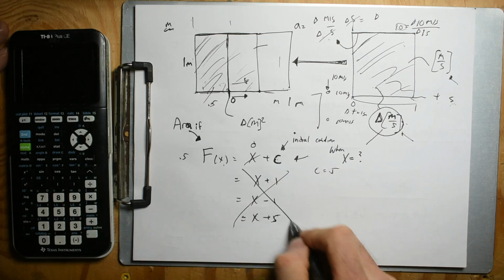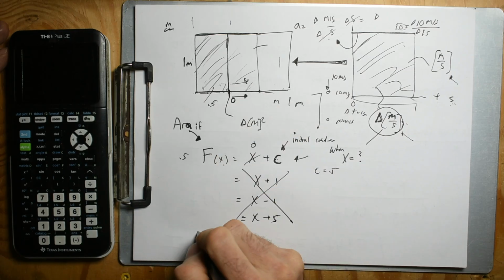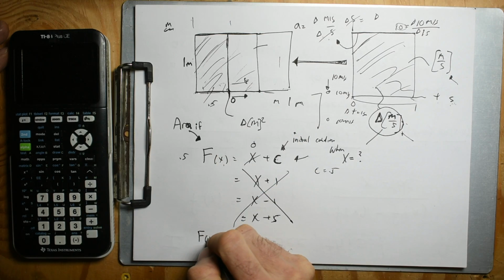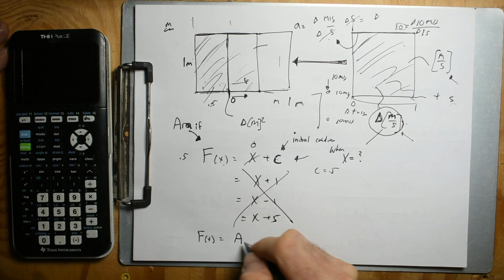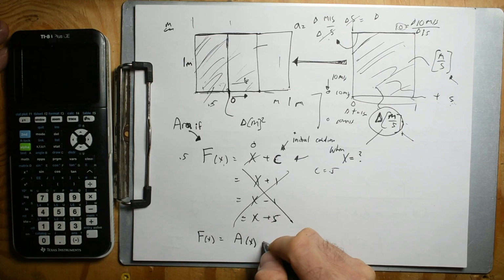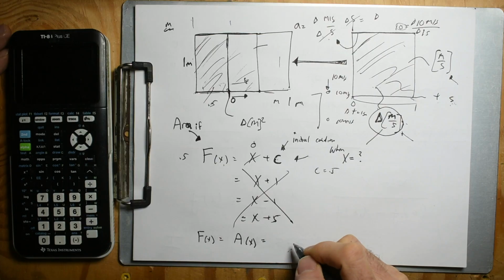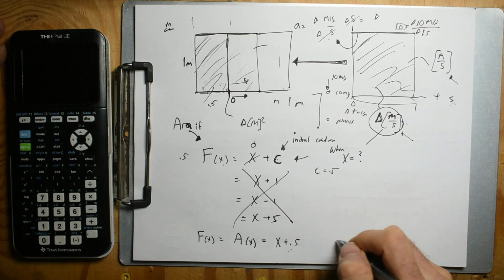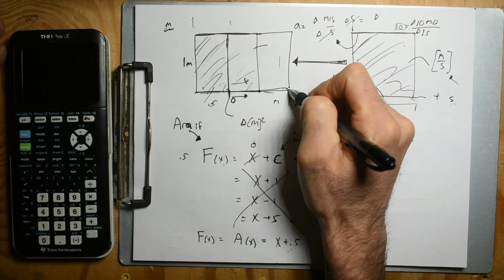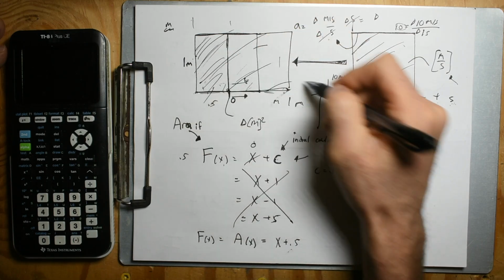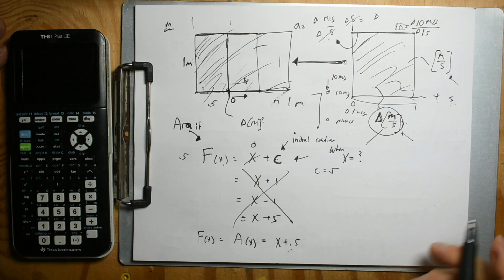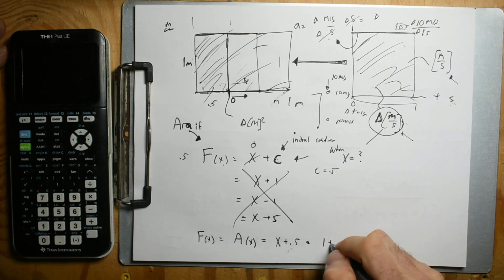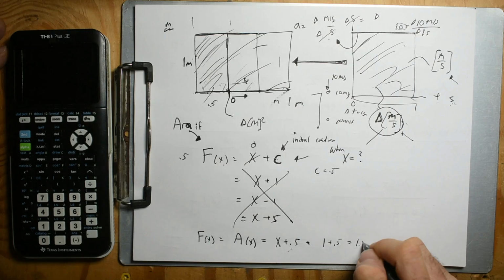And then we have our initial condition that this f of x represents the area of the table as a function of x. And that is going to be x plus 0.5. And if I make a 1 meter table, this is my area. Cool. That's going to be 1 plus 0.5, which is 1.5.